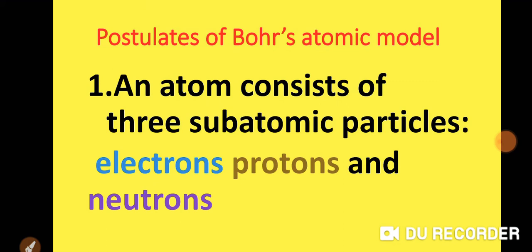Okay, students, now we will discuss the postulates of Bohr's atomic model. Niels Bohr is the name of the scientist who, to explain the atom, gave the model which is known as Bohr's atomic model or modern atomic model.